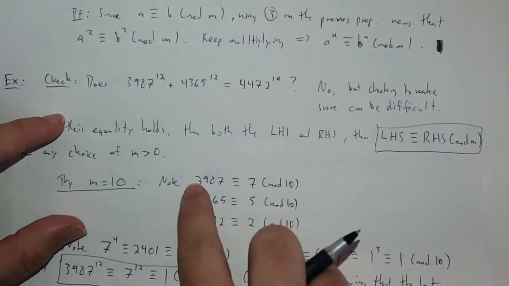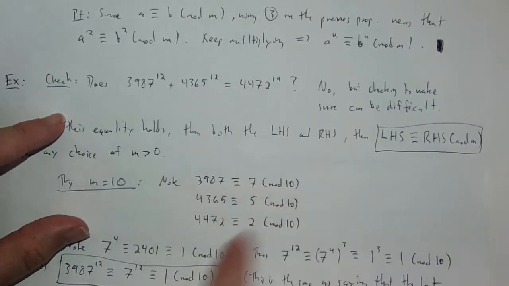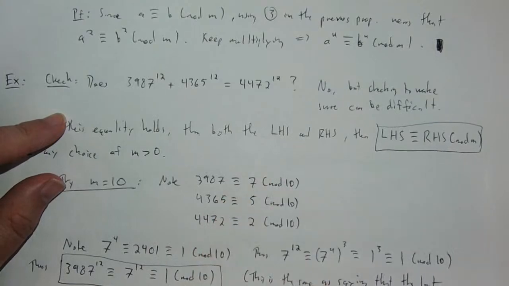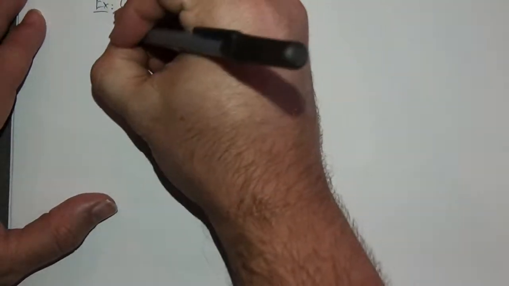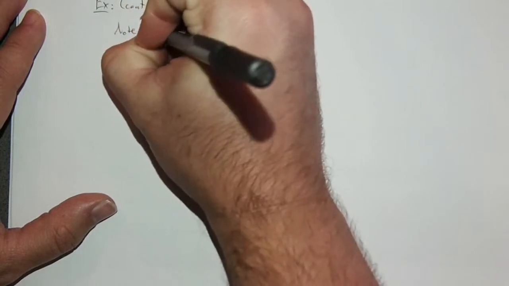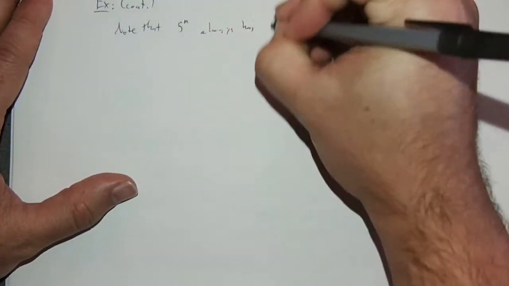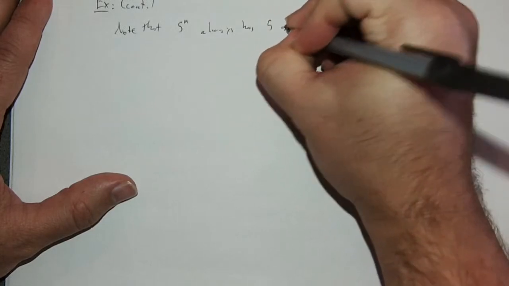So 3,987 is congruent to 7 mod 10, and I used powers of 7. I wanted to see what 7 to the 12 was, and it was 1. Now I want to see what 5 to the 12 is. Well, note that 5 to the n always has 5 as its last digit.